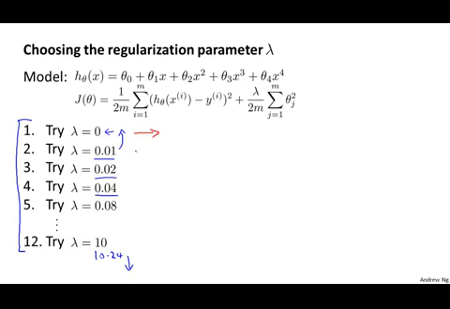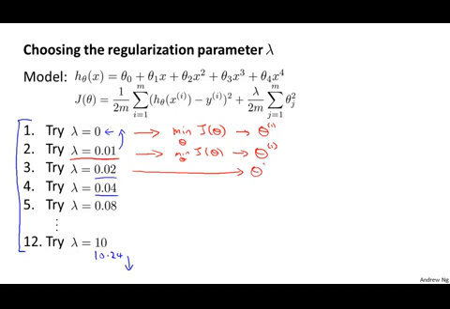We can take this first model with lambda equals 0 and minimize my cost function J of theta, and this will give me some parameter vector theta. And similar to the earlier video, let me just denote this as theta superscript 1. And then I can take my second model with lambda set to 0.01 and minimize my cost function, now using lambda equals 0.01 of course, to get some different parameter vector theta, and let me denote that theta 2.